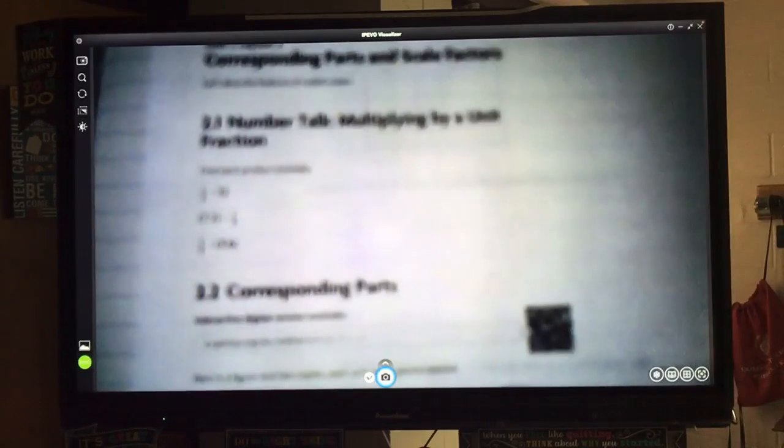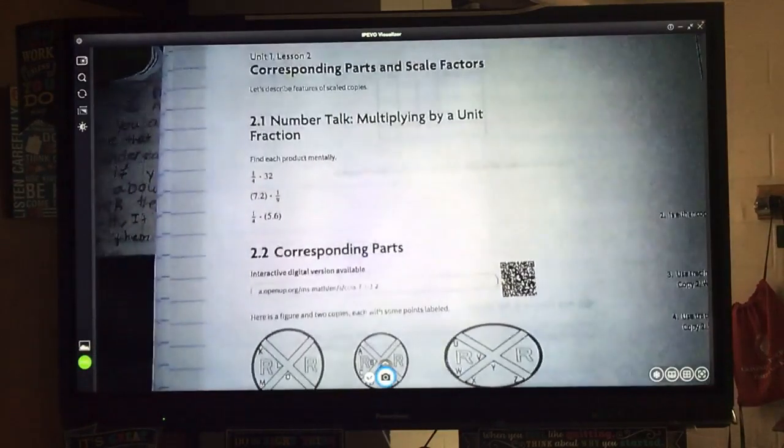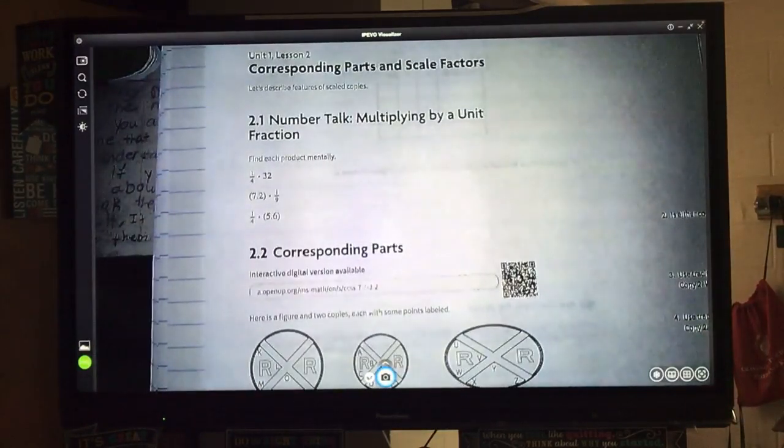Make sure you stand up when you are finished. All right, have a seat.